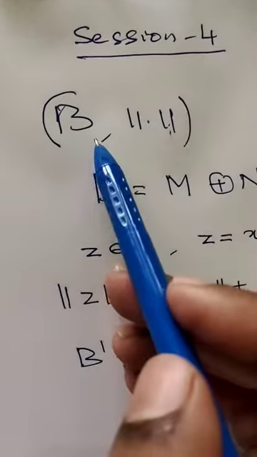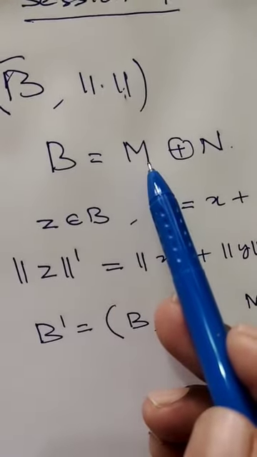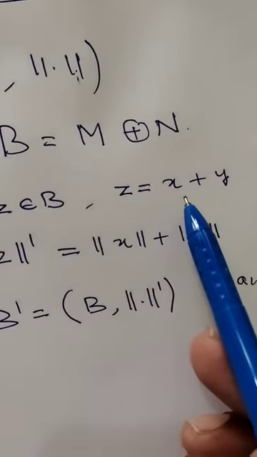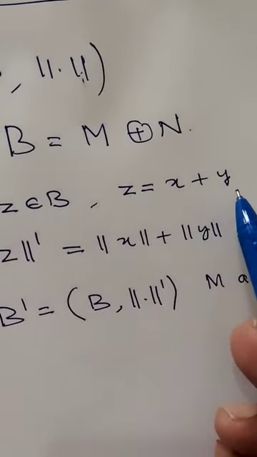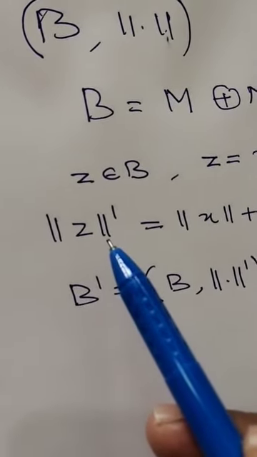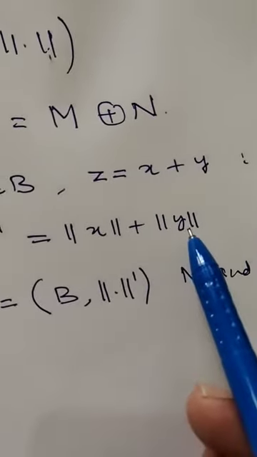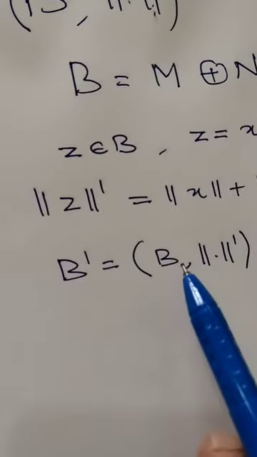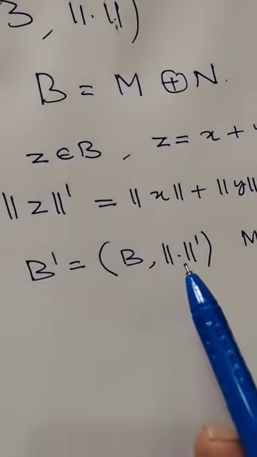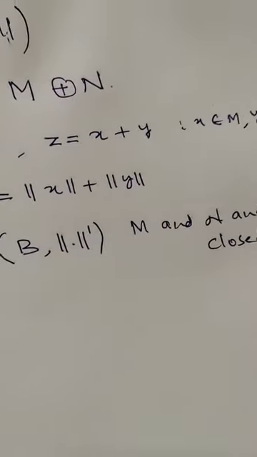It means if B is a Banach space with the norm, and B is written as a direct sum of its subspaces M and N, then any vector Z in B can be written as Z = X + Y, where X is an element of M and Y is an element of N. Suppose the new norm is defined as norm of Z dash equal to norm of X plus norm of Y. Then can the same set B with the new norm be a Banach space? What are the conditions for this? M and N must be closed subspaces of B.